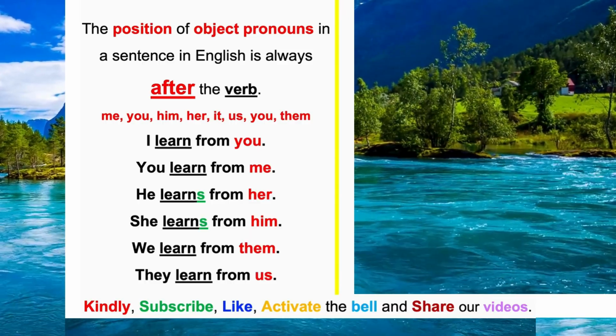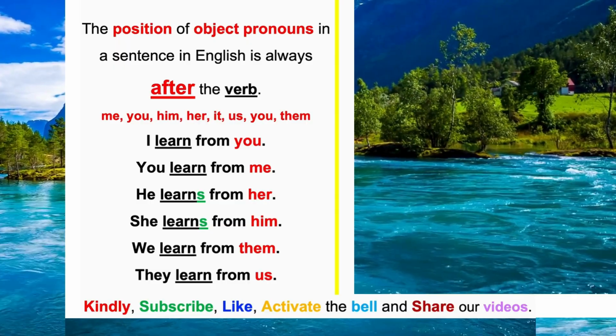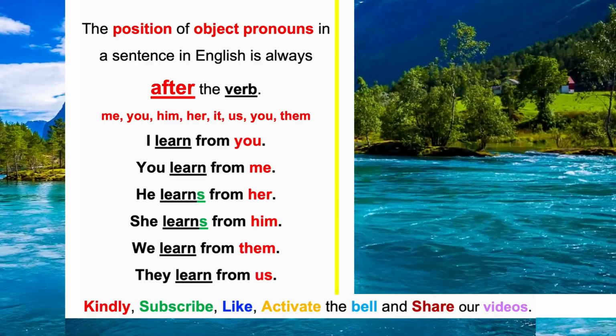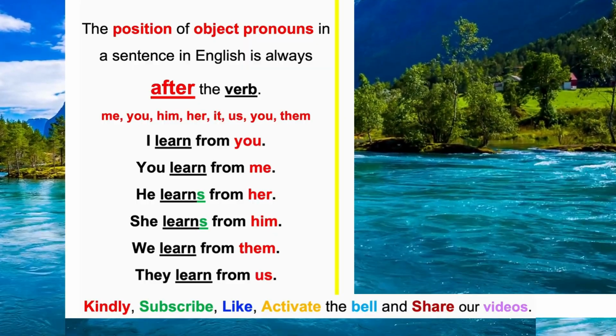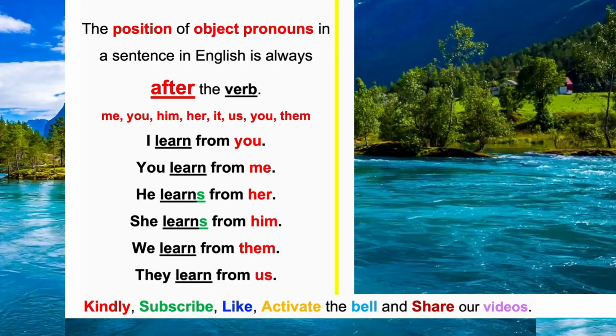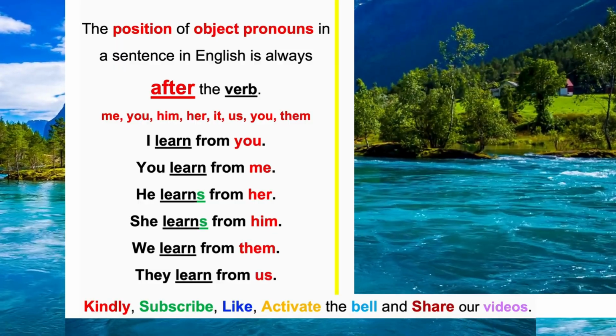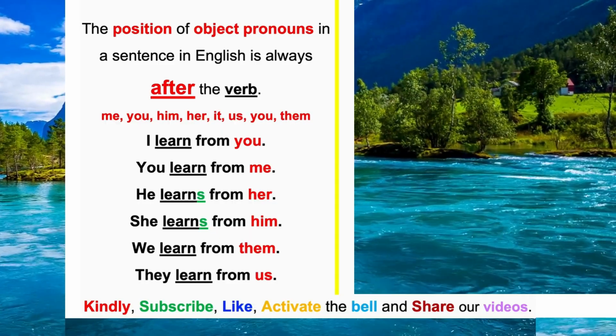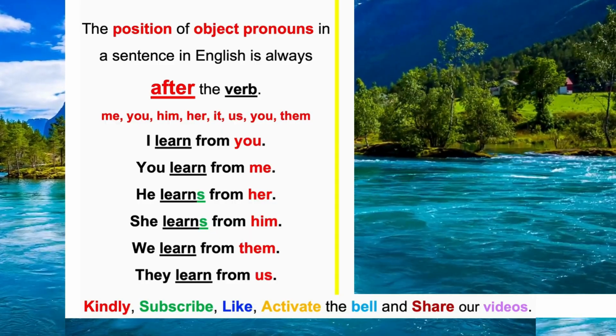I learn from you. Where is you? Is it before the verb learn or after the verb learn? So it's after the verb learn, so it's object pronoun. You learn from me. Me is before the verb or after the verb? Of course, it's after the verb.